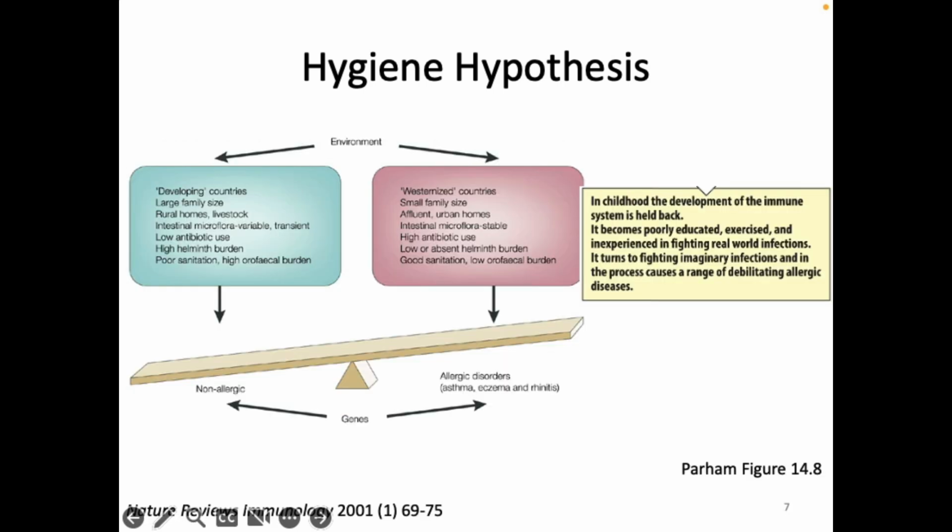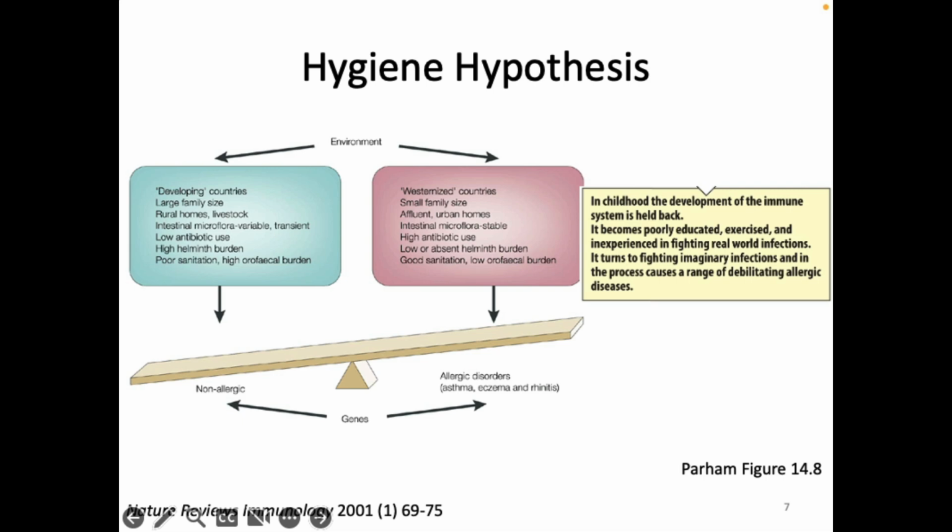And so one other part of the hygiene hypothesis that people realized is that we tended to see, and you'll see some of these slides talk about allergy instead of autoimmunity, but depending on how you see this, sometimes it's allergy, sometimes it's autoimmunity, that we tend to see more of these allergies or autoimmune disorders in westernized countries.